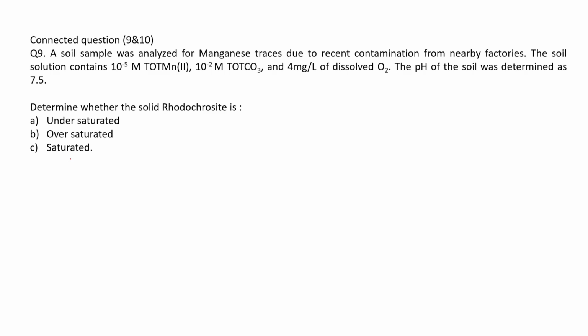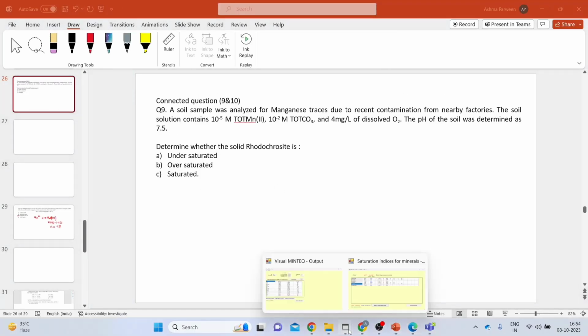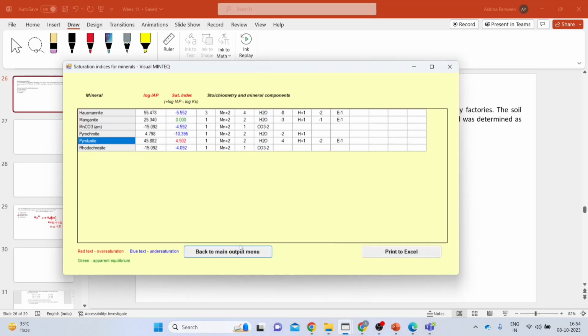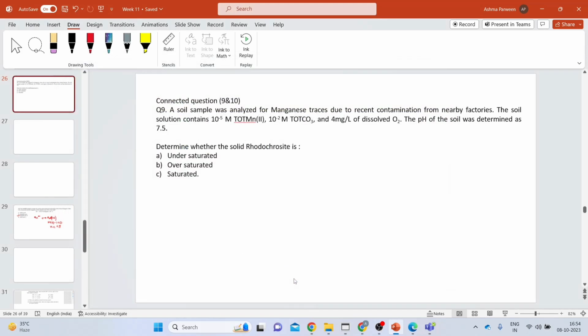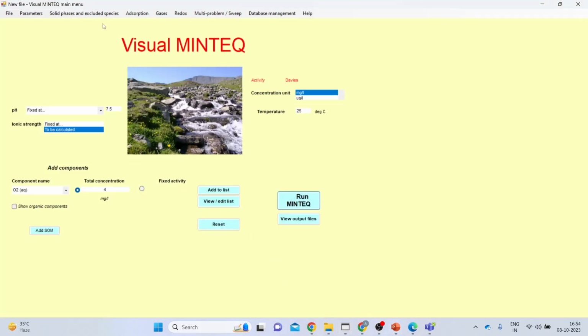Okay, we have seen that the supersaturation index was greater than 0 in the Visual Mintek. Let me show you. Just wait a minute.